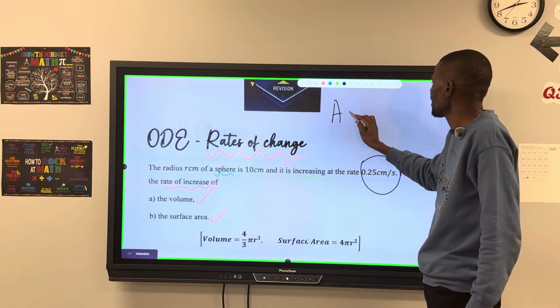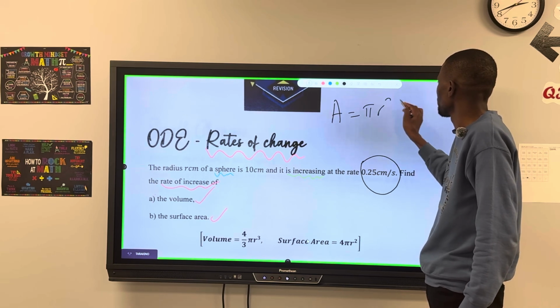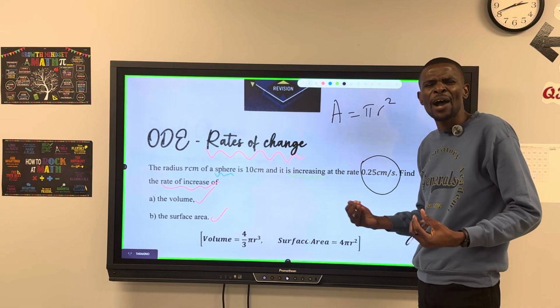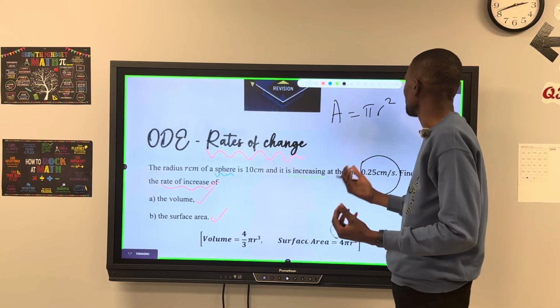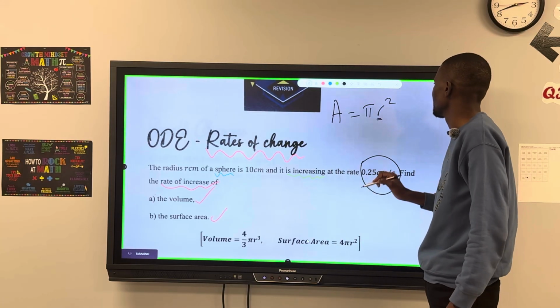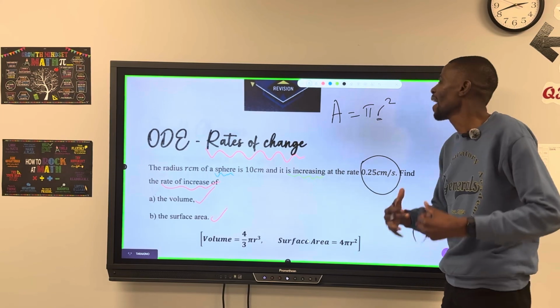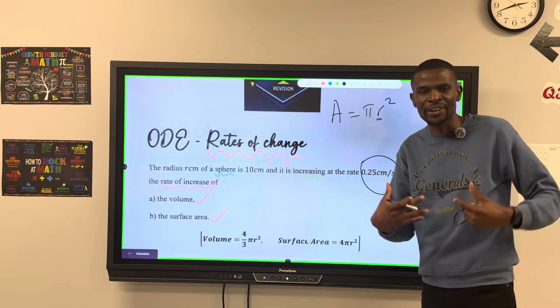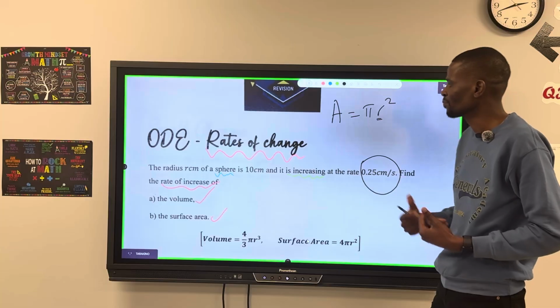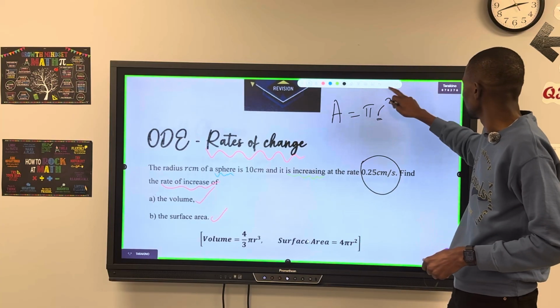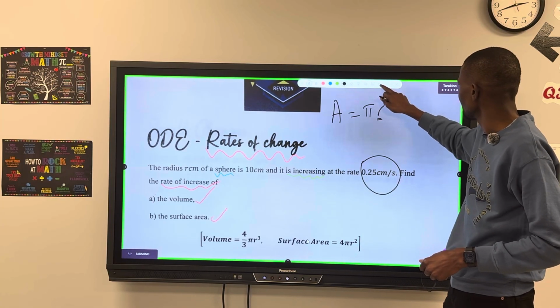We might say area is equal to pi r squared. So we want to see how the area is affected by a change in what? By a change in radius. If we increase or decrease the radius, how is the area going to react? That's all about rates of change here, guys.